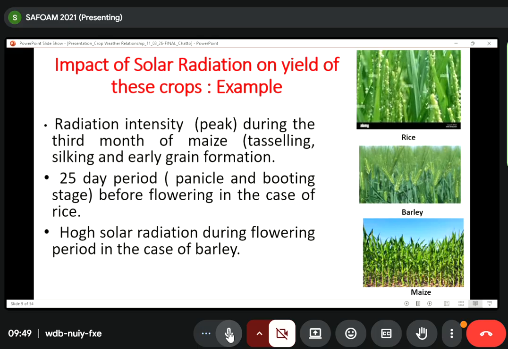Even the panicle and booting stage, about 25 days before flowering in the case of rice, is very important. And solar radiation during the flowering period in the case of barley is very important. So you just understand how solar radiation impacts the different stages, and all of it is ultimately reflected in the final yield of the crops.